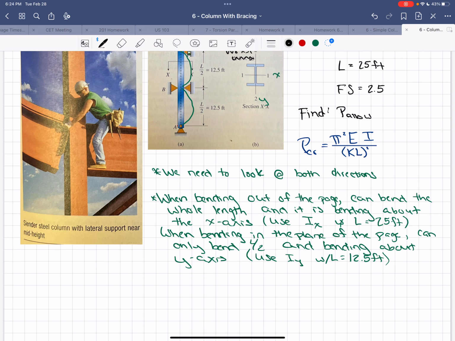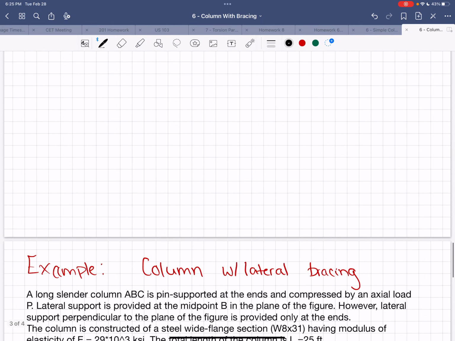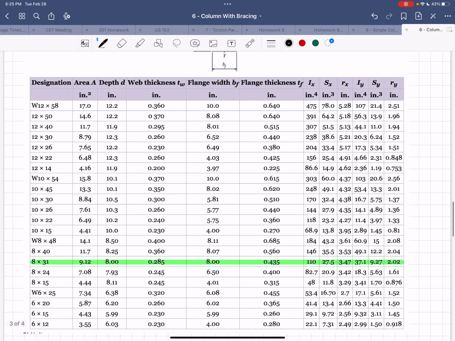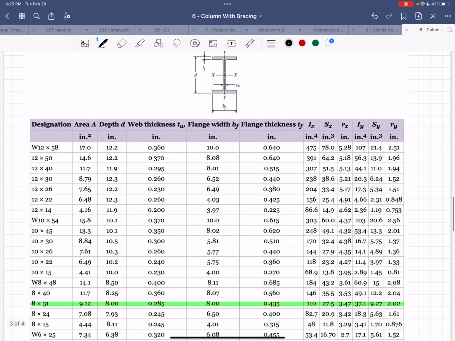Now we go to Appendix B of our book, which I've taken a screenshot of, and we'll get Ix and Iy. I've already highlighted it, and we can see that our axes match up.